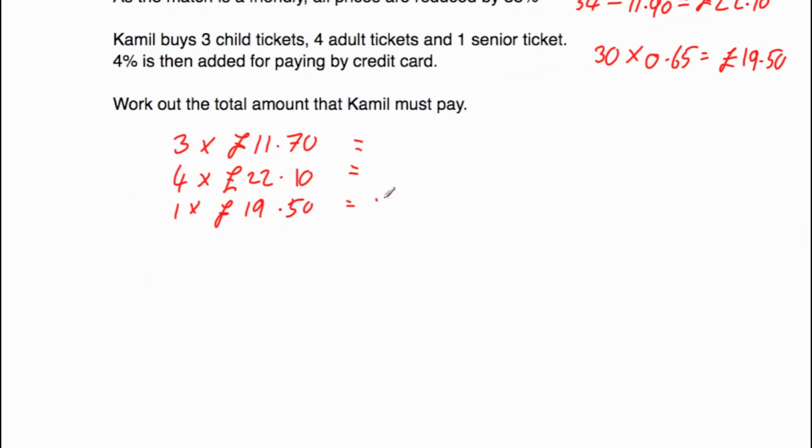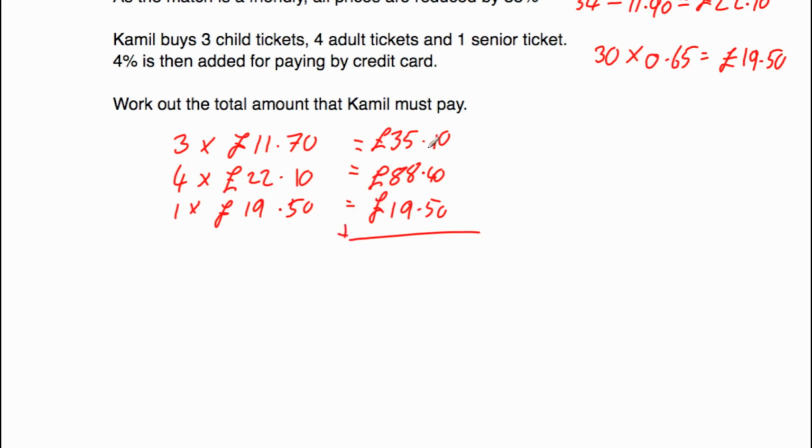So I'll do the bottom one to begin with. That's going to be £19.50. And then this one's actually quite straightforward. That would be £88.40. Remember, this is a calculator question, but 4 22s is 88, so £88.40. And then this one, £11.70 multiplied by 3 would be equal to £35.10.